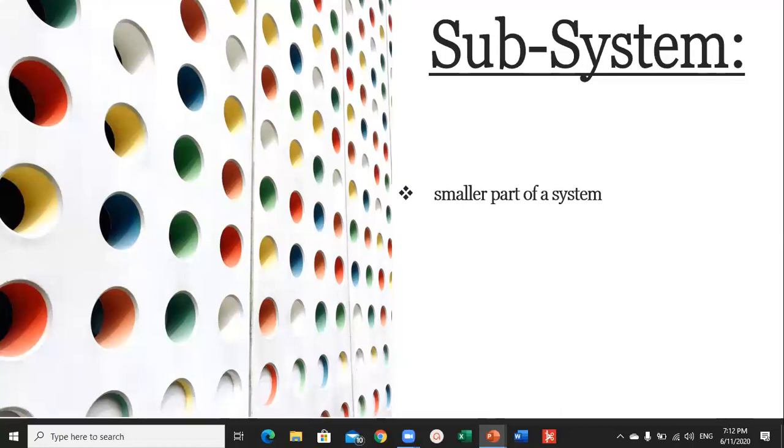These three subsystems are interconnected and used to operate one greater system, that is the watch. So basically, subsystems are smaller parts of a greater or bigger system. The role of a subsystem in a greater system is to attempt one task at a time.